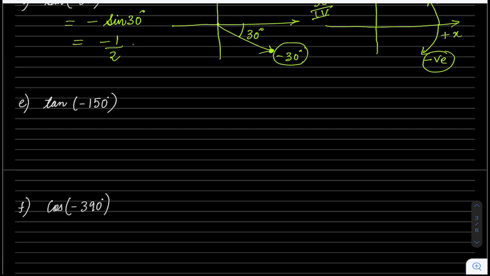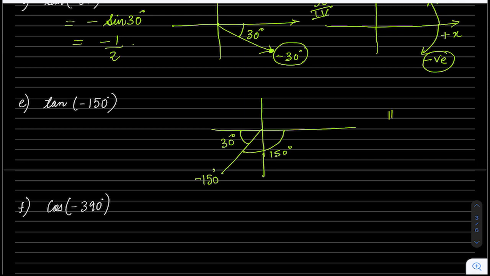So let's go for more negative angles. Tangent of minus 150. I will try to draw minus 150. I will start from here, 90 and 150. Like this. So this is my minus 150 degree angle. And if this is 150 degree magnitude, so this will be 30 degrees.